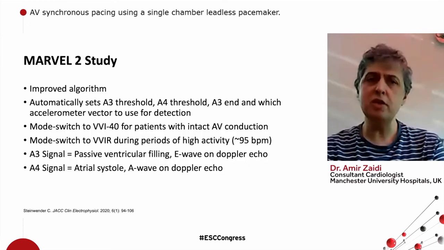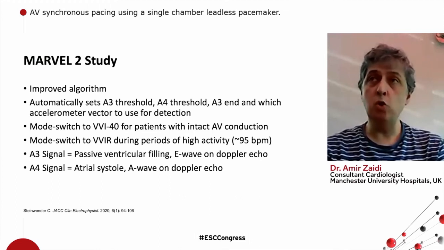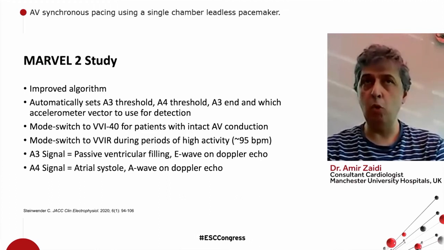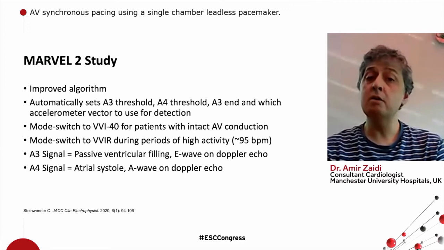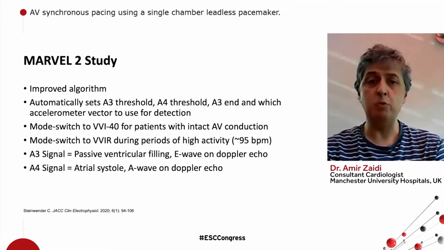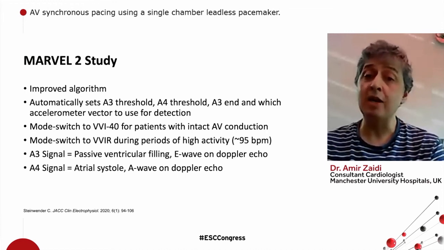Marvel 2 was a follow-on study using an improved algorithm, one which automatically set important parameters to allow AV synchrony, but also provided mode switching to ensure that we were minimizing RV pacing to patients where it was really needed, and allowing mode switch to VVIR pacing for periods of high atrial activity.